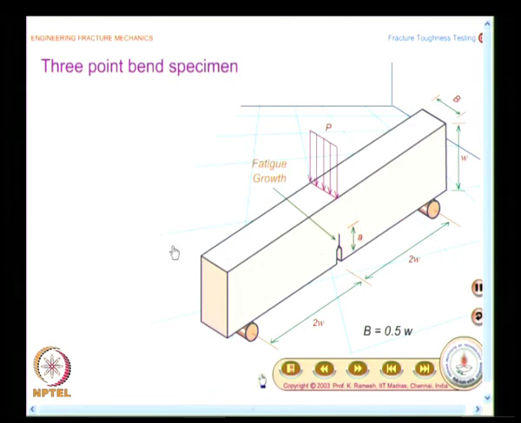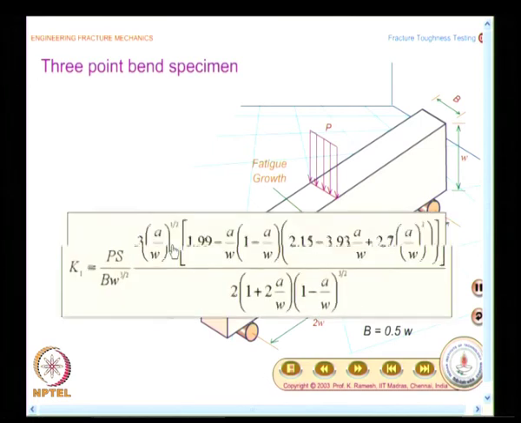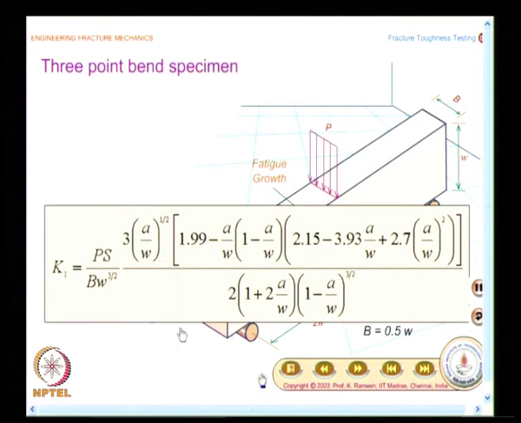And we would also see what is the expression for stress intensity factor, and this is given as K1 equal to P into S divided by B W power 3 by 2 multiplied by 3 into A by W whole power half.